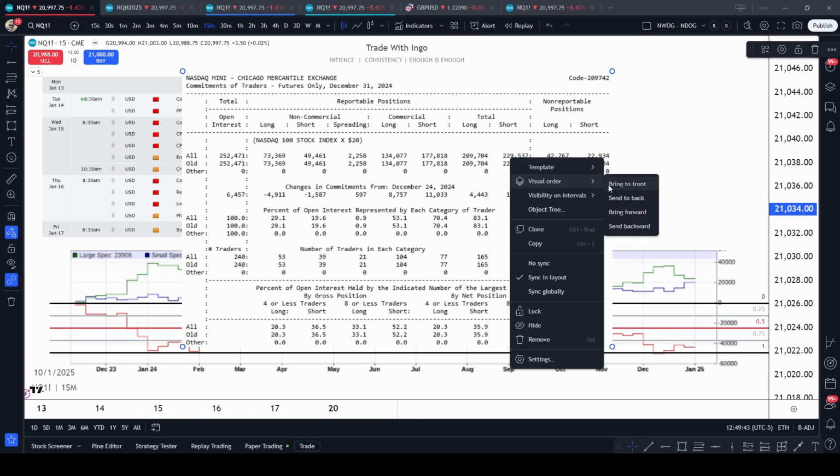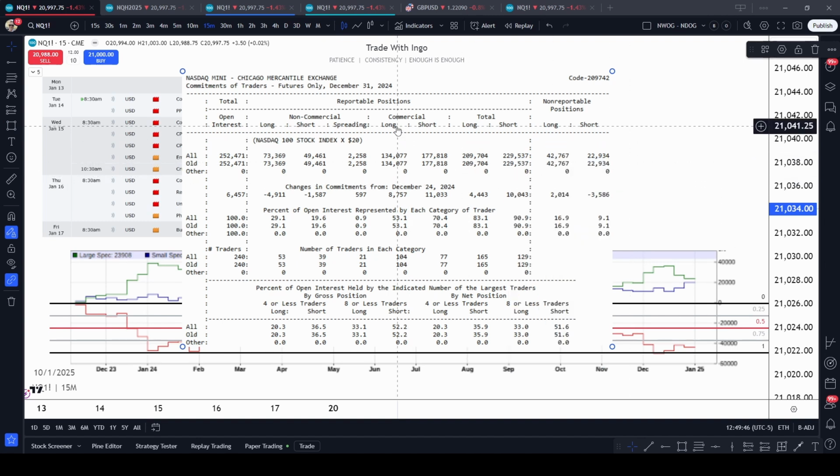As you can see, for Nasdaq mini, commercials are net short because this number is larger than this number. And on top of that, we can see that non-commercial speculators are currently net long. And non-commercial speculators are mainly on the wrong side. Commercial speculators, hedge funds, big institutions are generally on the right side.